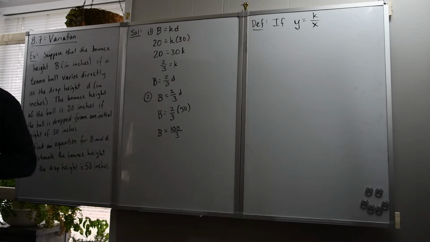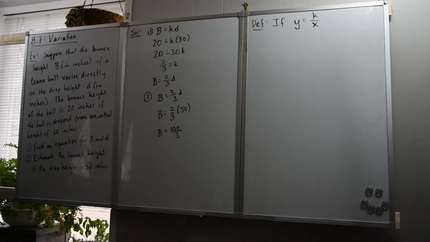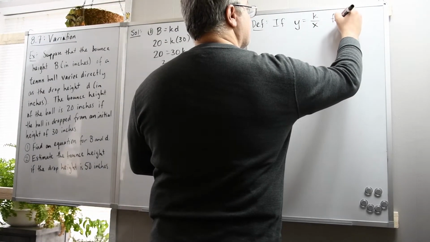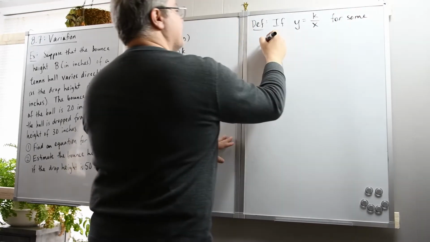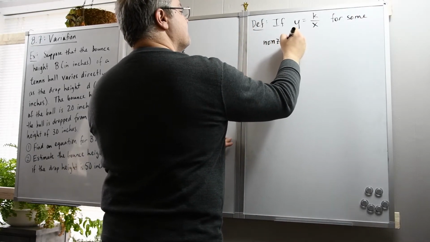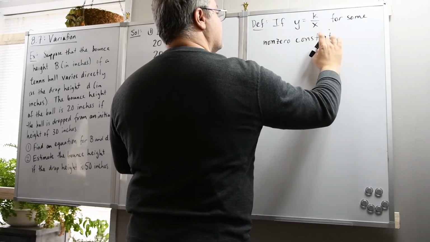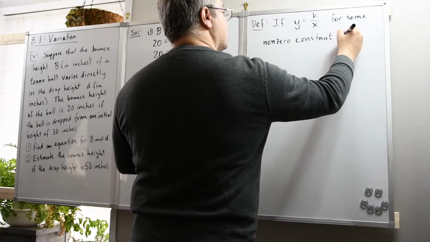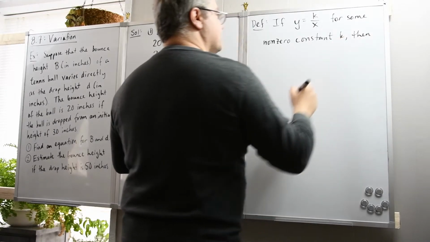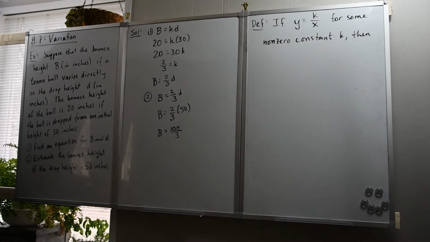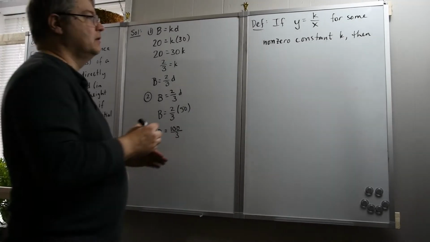This time with inverse variation we have y is equal to k divided by x for some non-zero constant k. So in that case, we say that y varies inversely as x, or y is inversely proportional to x.